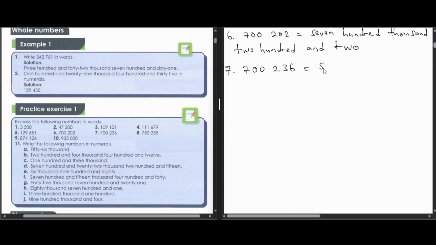Saka tichinyora in words inenge ichiti 700,200 and 36. Saka 30 inonyorwa so twatata panapa toti 6 seizvi. 700,236.